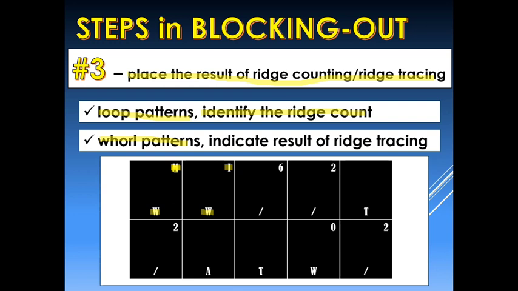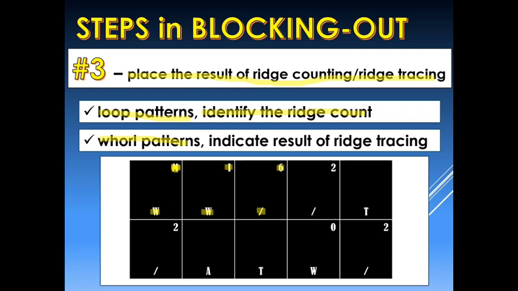And then if this is a loop pattern, in this scenario this is a radial loop, we need to identify the ridge count and just place the number of the ridge count on this particular part on the upper right corner.